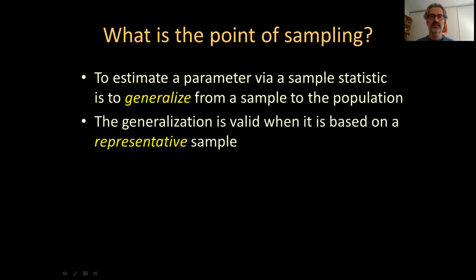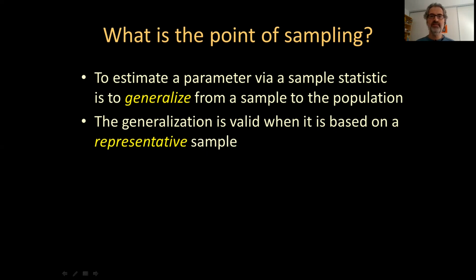This generalization is not necessarily valid. If you pick a subset of the population that is an extreme subset in some sense, then your estimate based on that sample will not be a good estimate for the population parameter. The generalization is only valid when it is based on a representative sample.